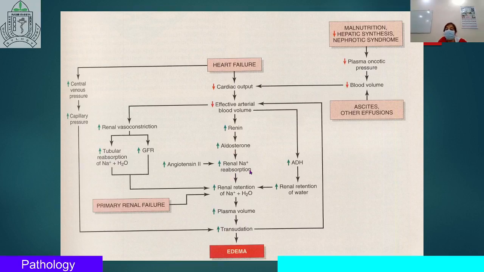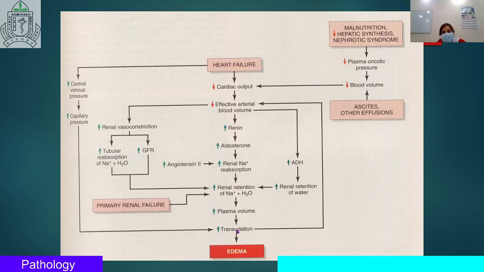As sodium is an isosmotic substance, it enters into the blood vessel with water. So there is increased blood volume or plasma volume, which causes transudation or edema.